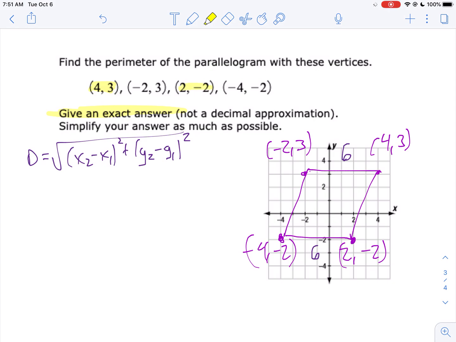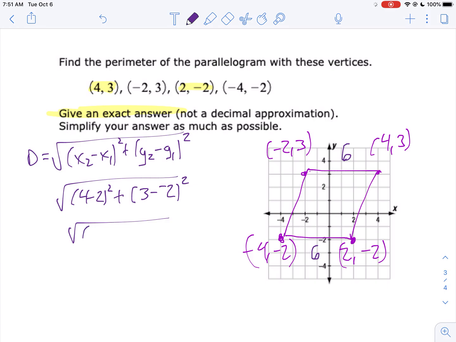Let's use those two. And I'll let 4, 3 be my second x. So we're going to say 4 minus 2 squared plus 3 minus a negative 2 squared.